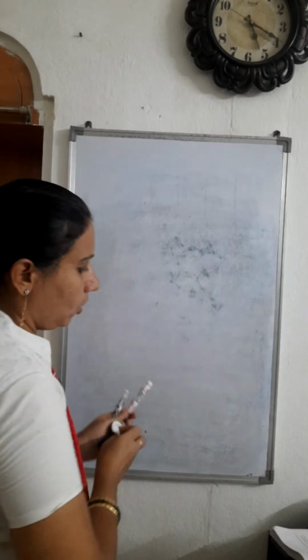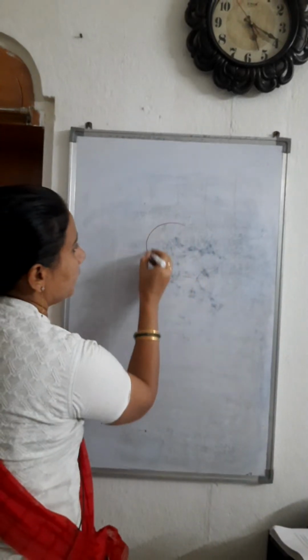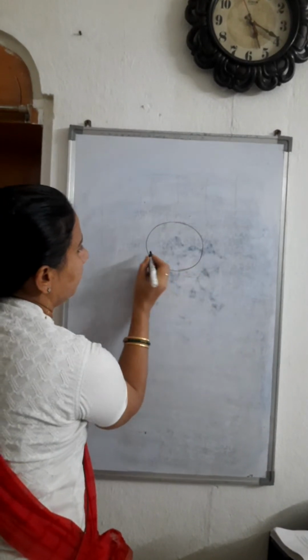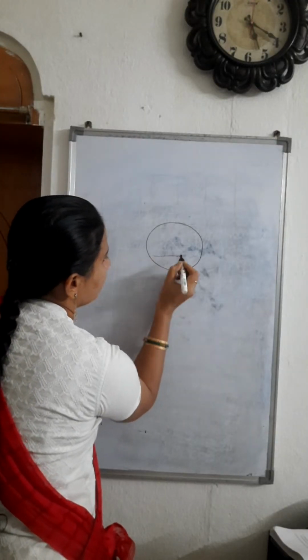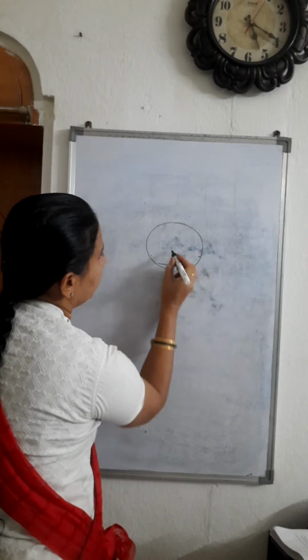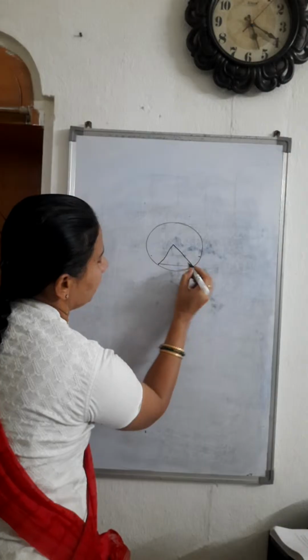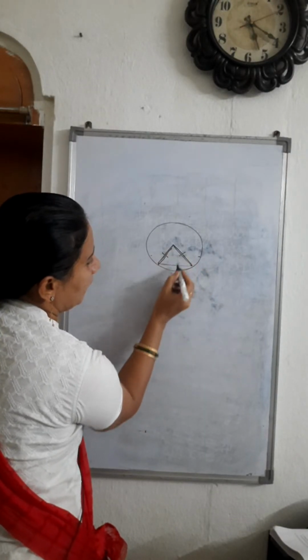The figure is given this way, where the chord is equal to its radius. Let this be a chord and these two are radii of the circle. For this question, the figure is not given, so we need to draw it. So these three lines are equal.